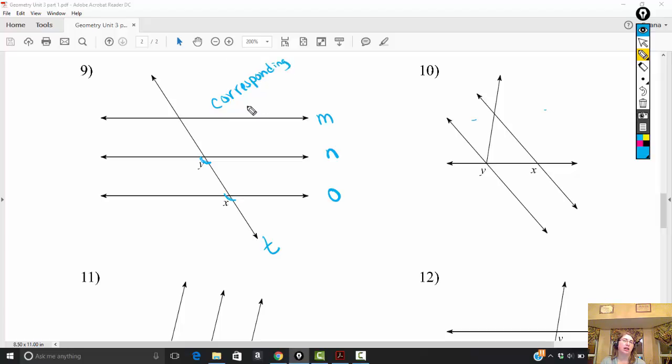They're on the same side, so they're corresponding angles. That would make them equal, which would prove that line N is parallel to line O. Okay, we're not doing proofs, we're just kind of proving through a sentence that they are.